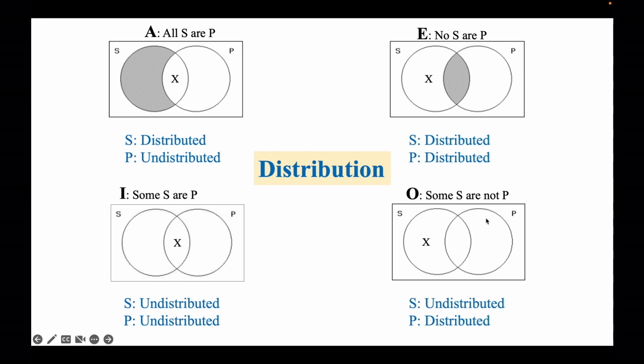And the last one, the O form, some S are not P. So how many members of S are not P? Well, only some. Consequently, the subject is undistributed. But how many members of P are excluded from S? All of them. Therefore, P is distributed. Okay.